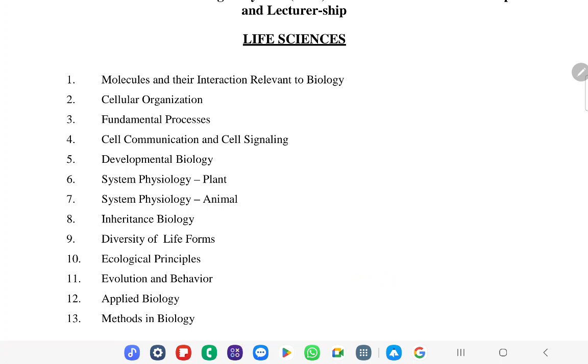The first one is molecules and their interaction relevant to biology, cellular organization, fundamental process, cell communication and signaling, developmental biology, system physiology related to plants, system physiology in animals, inheritance biology, diversity of life forms, ecological principles, evolution and behavior, applied biology, and methods in biology.